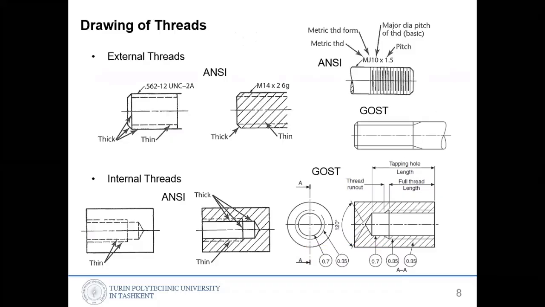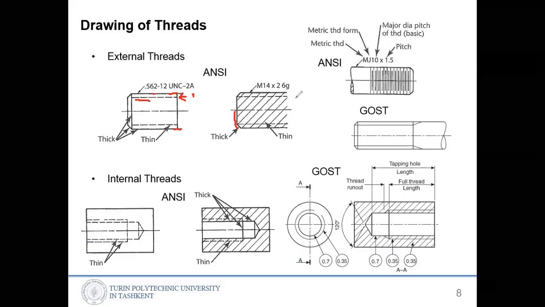In ANSI, they are using dash lines to show the thread depths. So this is a thin line. You see that thin line, but everything outside is a thick line. Everything outside thick, but inside thin.